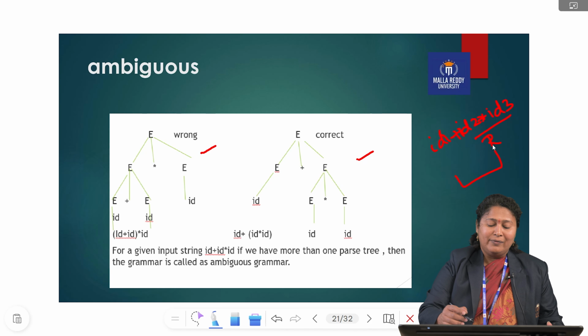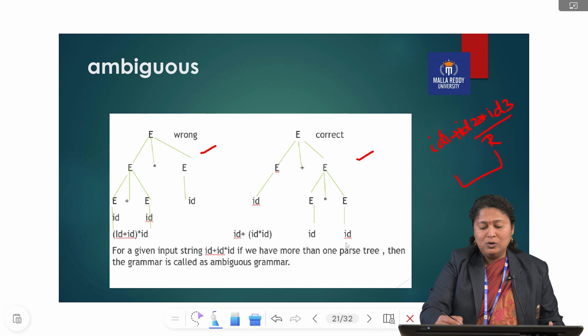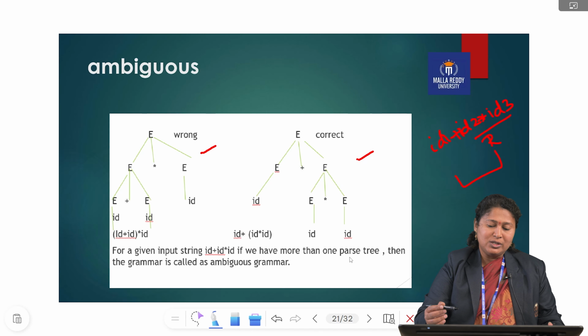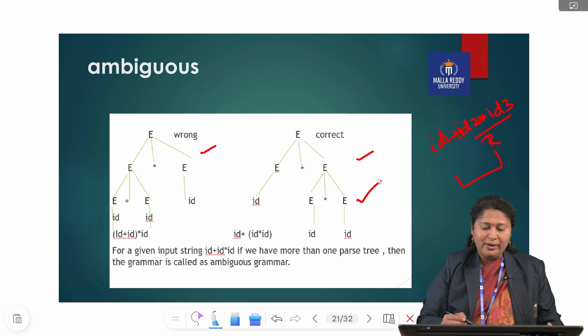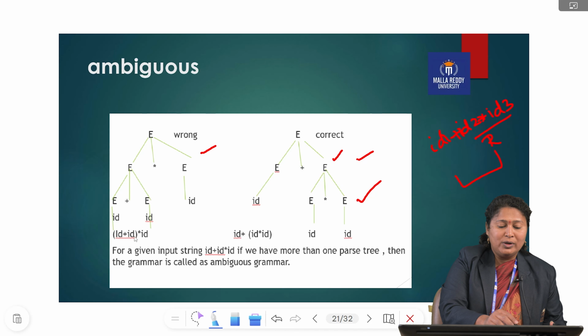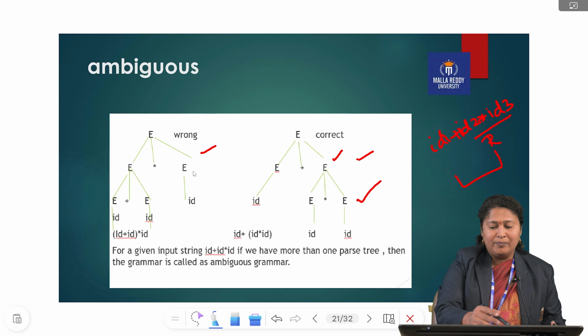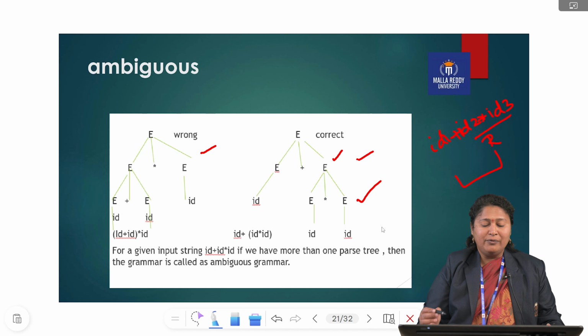So here, one of these is correct and the other is wrong, because when we come to the leaves, the process of execution starts from bottom to top. That is, first E cross E will be executed, then it is added in E plus E. In the other tree, E plus E is executed first, and after that it is multiplied with E, which is wrong. So this is correct, but here the system is confused about which one to follow. So there is an ambiguity here.